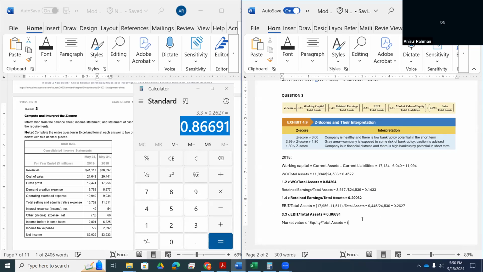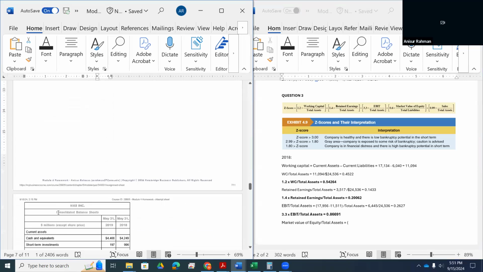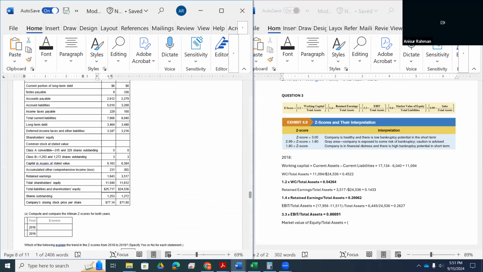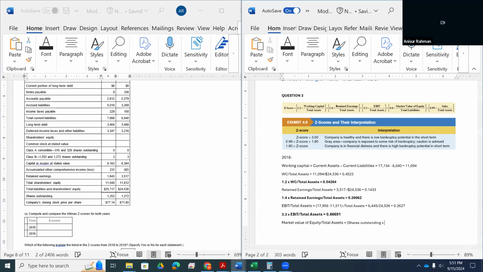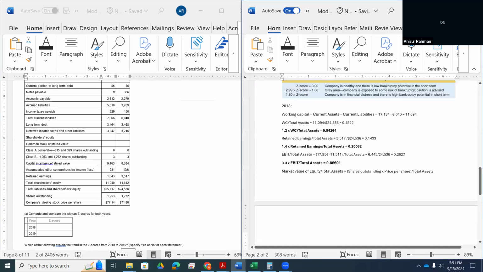So market value of equity is equal to your number of shares times price per share, divided by total assets.